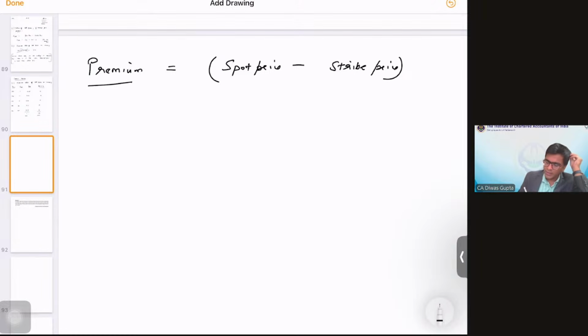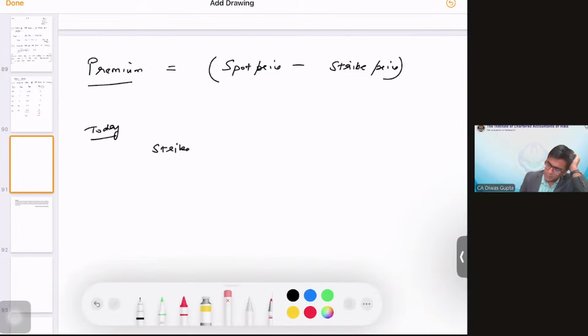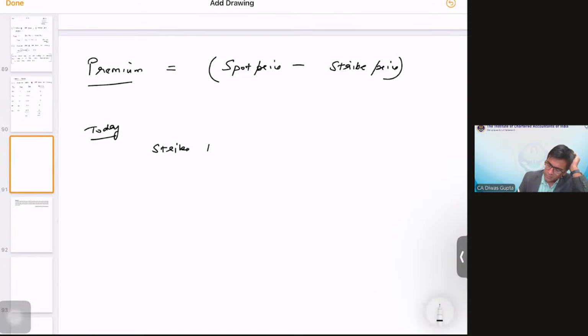So let's say today strike price is equal to 100, spot price is equal to 120, there is a premium of 20 rupees.